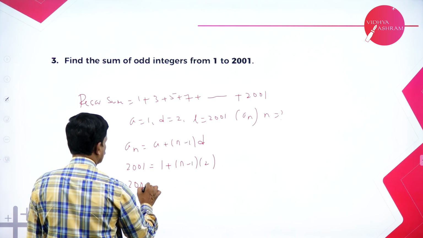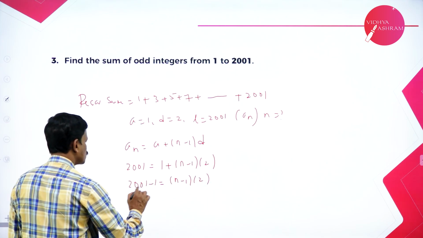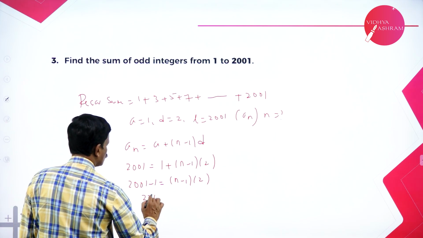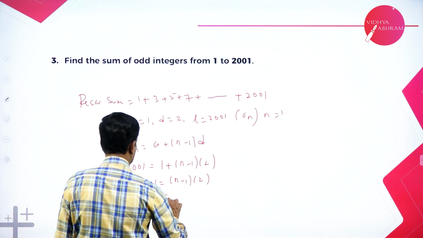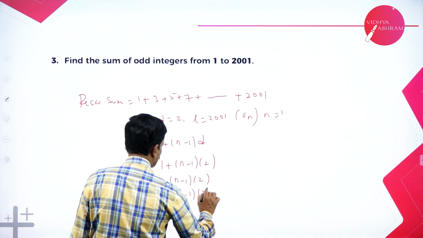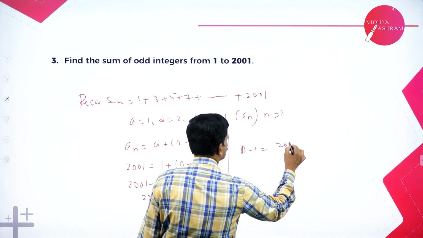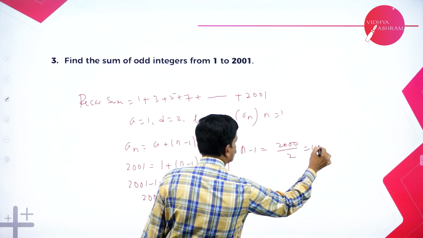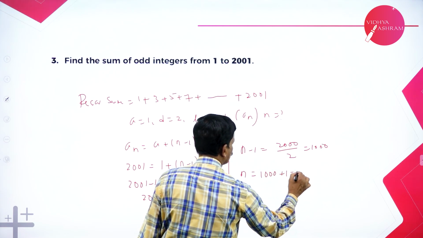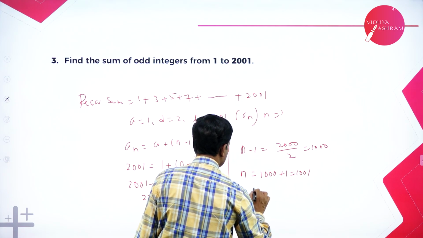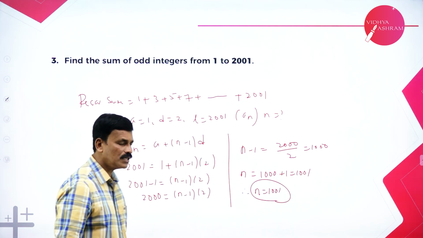So 2001 minus 1 is 2000 is equal to n minus 1 into 2, or n minus 1 is equal to 2000 divided by 2, which is 1000. n is equal to 1000 plus 1, that's equal to 1001. 1001 is the value of n.